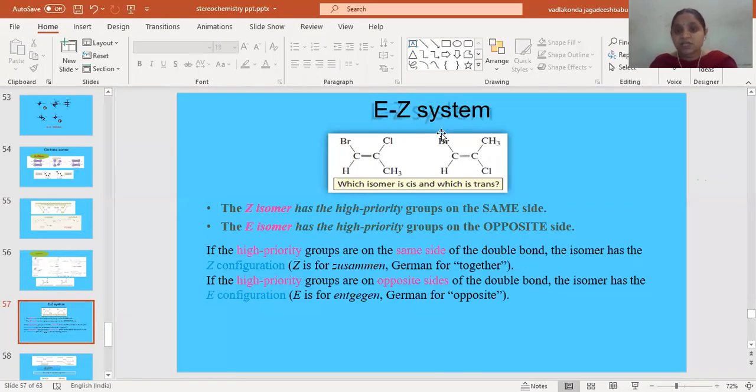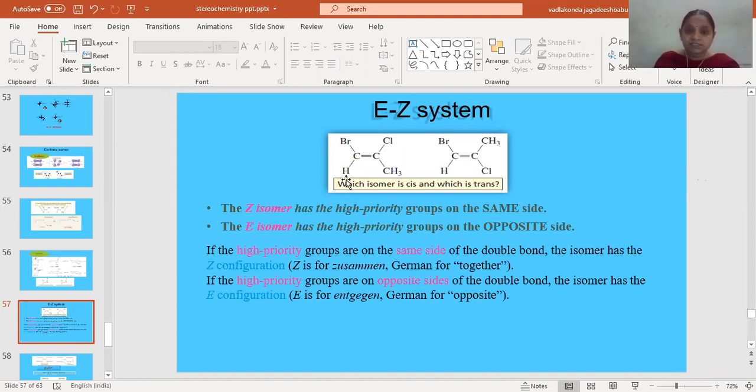And this one has the highest priority groups present on the opposite side of the double bond. So this is considered E, because E means entgegen. Entgegen in German means opposite. So in the EZ nomenclature, where we have different groups around the carbon-carbon double bond, for diastereomers we use the EZ system.